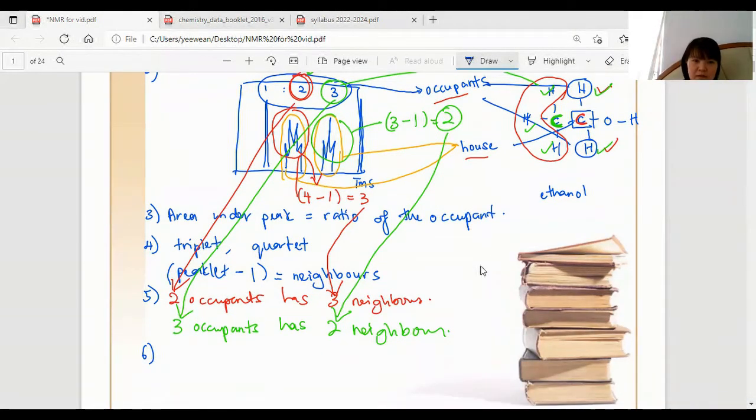Now, what happens to this singlet here? What does a singlet represent? A singlet can represent a few things. It could mean that this proton has no neighbors. If there are 0 neighbors, plus 1, I will get a singlet.